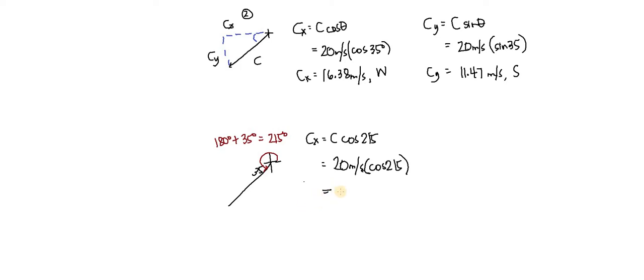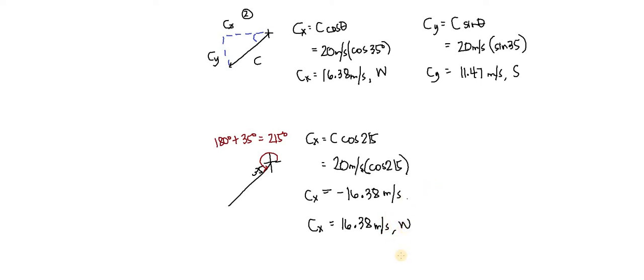The answer is negative 16.38. Of course, that's a meter per second. And this negative is our direction, okay? Of course, it's on the x component, so yung negative doon, yung west. So, that will be 16.38 meter per second west.